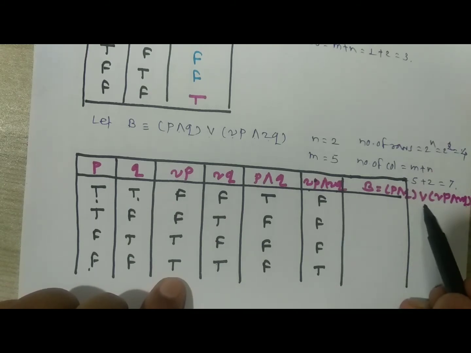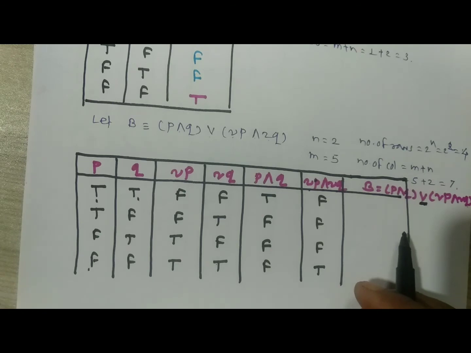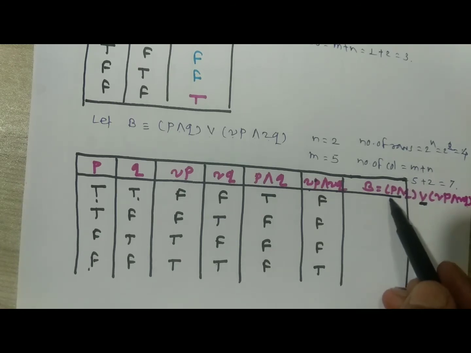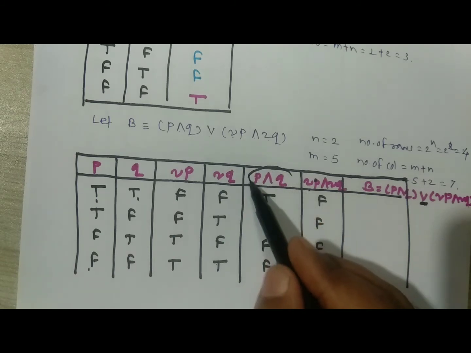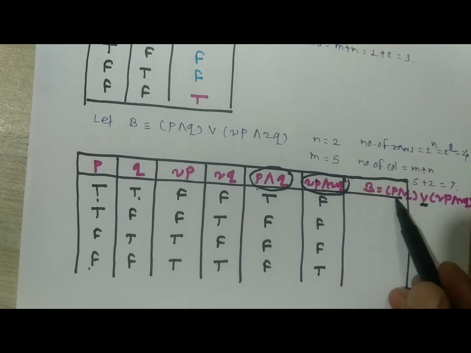Right now in the last column we go with the or, that means disjunction, and in disjunction if both statements are false then false, otherwise true. Here it is a combination of P and Q, and negation of P and negation of Q. That means this is one statement and this is the second statement.